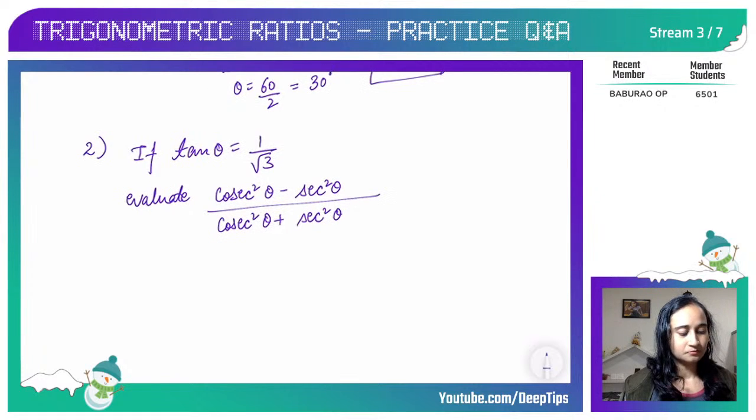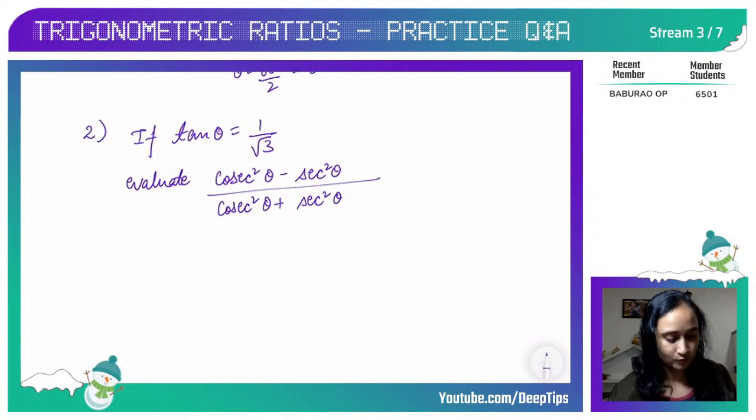Okay, so now I am asking a question. If you know for what value of theta tan is 1 by root 3, please type your answer in the chat. So tan theta is equal to 1 by root 3 when theta is equal to 30 degree. So here, how do we write it on the board?